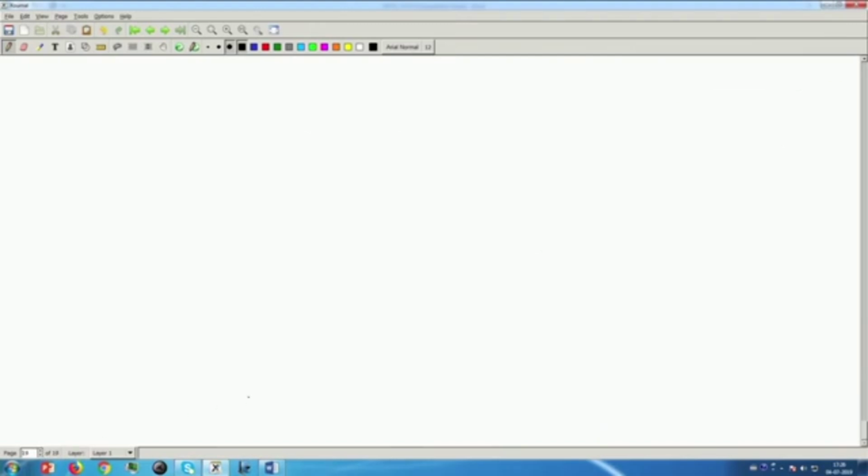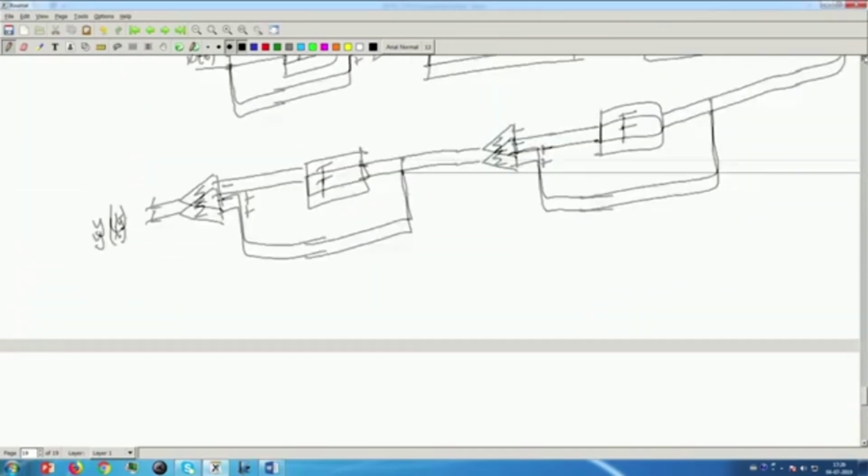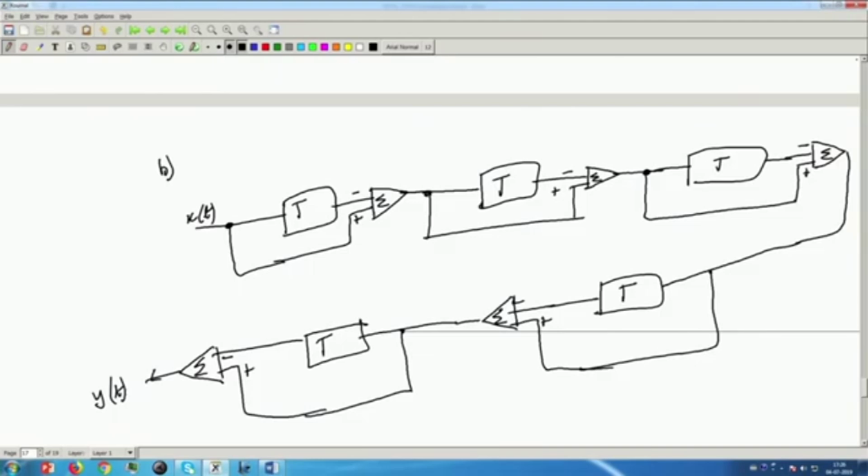So we can now write, for ease, we can give some names. This one we are calling A(t), then this one B(t), then this output C(t), this one D(t).